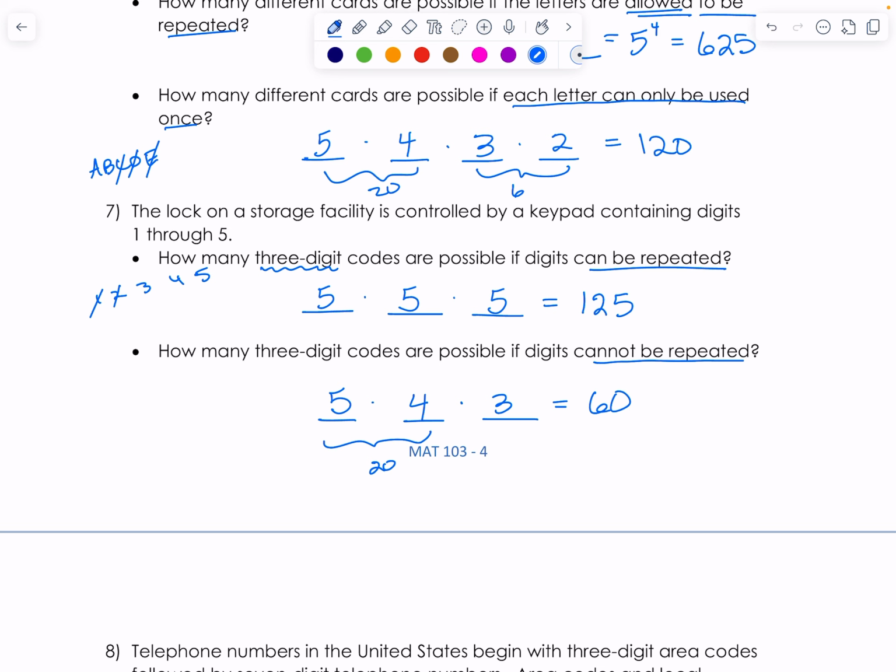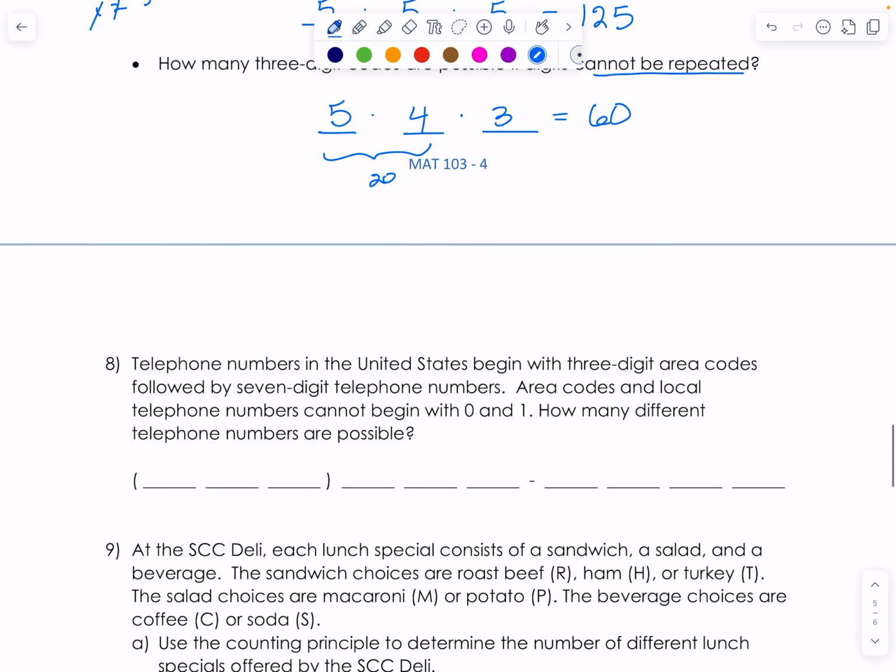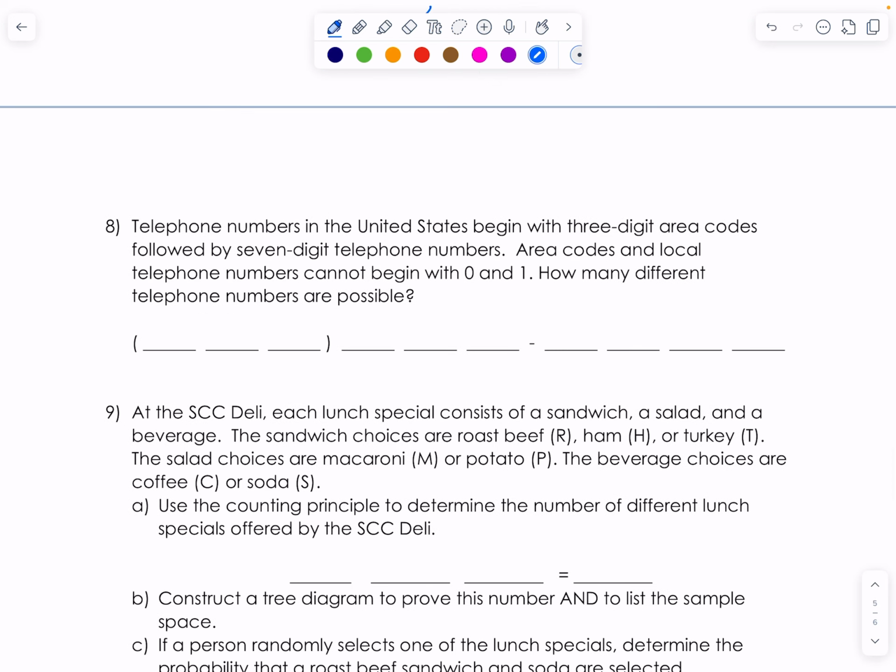Okay. Now, just recently, I think this month? I can't remember when, but in the upstate, you now have to start dialing the area code. Do y'all know that? Like if you want to call your friend now, you can't just dial their number. You have to dial 864, okay?